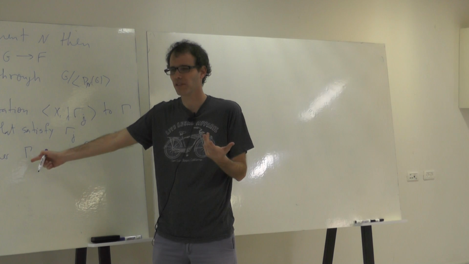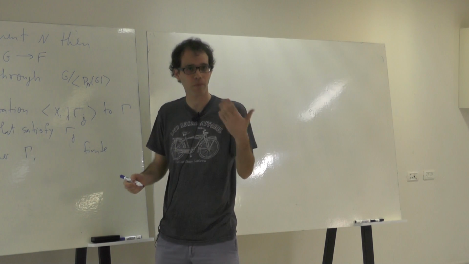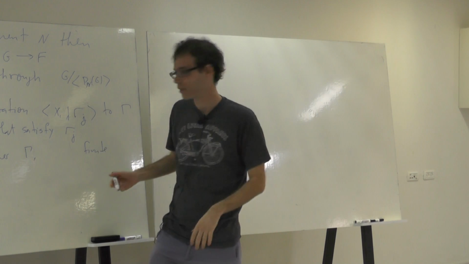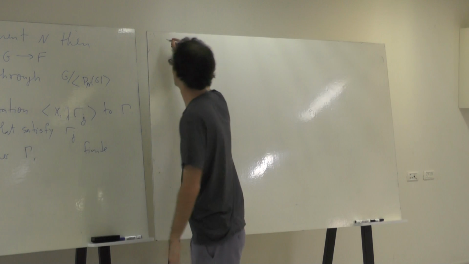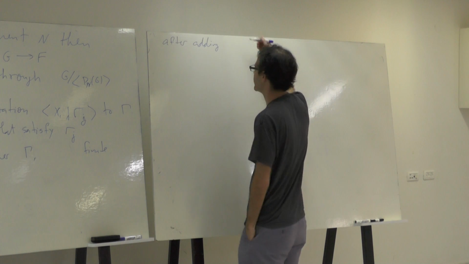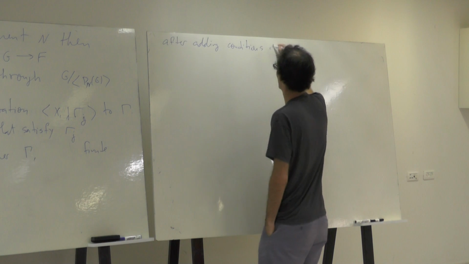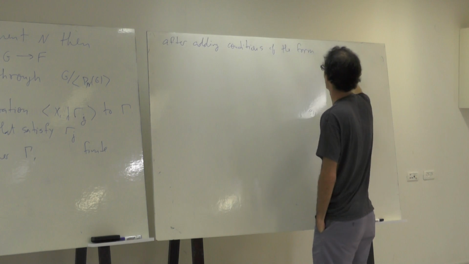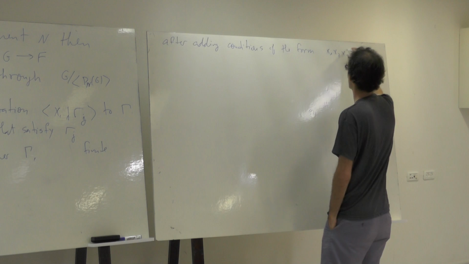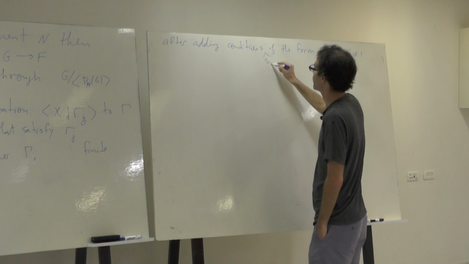So in this case, there is a bound on the torsion of gamma. I can add a relation, or a bunch of relations, of the form, this product is not equal to 1. Okay? So after adding not relations, but anti-relations, conditions of the form, you know, x1, x2, x3 inverse is not equal to 1. So let's call these conditions Sj.